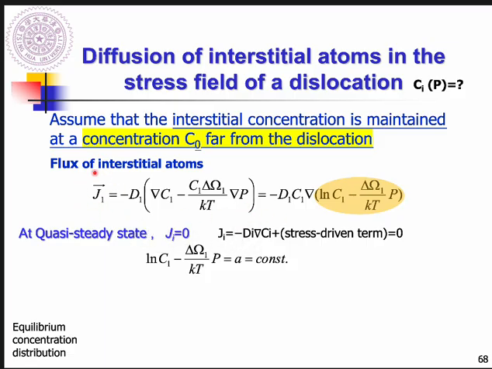Because for net flux, I have a boundary condition for quasi-steady state. Net flux equals 0.